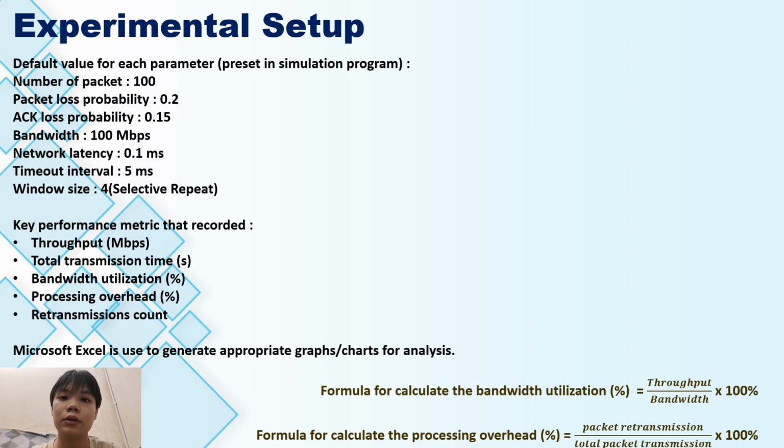Microsoft Excel is used to generate charts for analysis. The formula to calculate the bandwidth utilization is throughput over bandwidth times 100%. And the formula to calculate the processing overhead is packet retransmission divided by total packets transmitted times 100%.